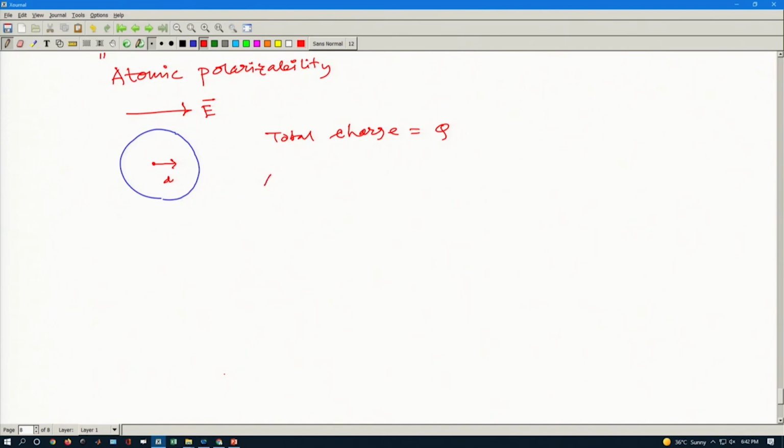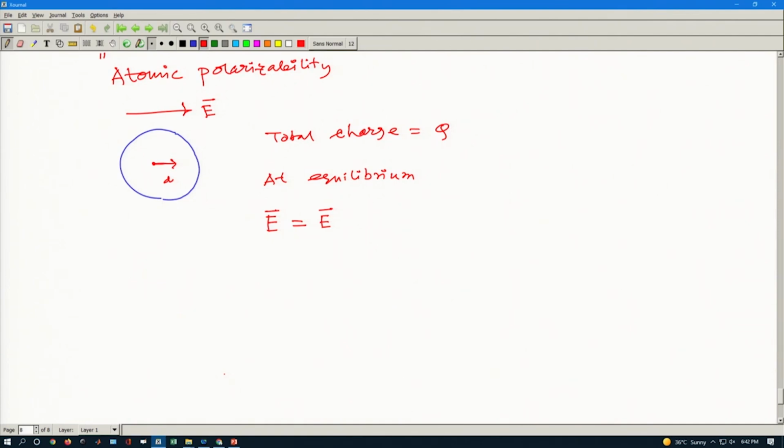So, that is the condition. At equilibrium, the external field should be equal to the field produced by the electron cloud at D, because there is a separation.